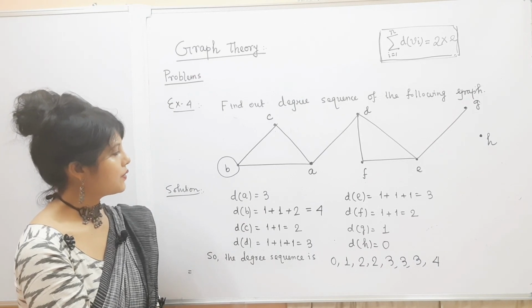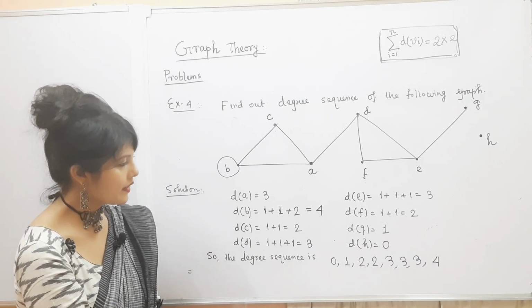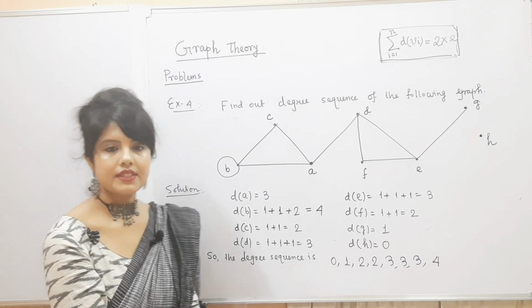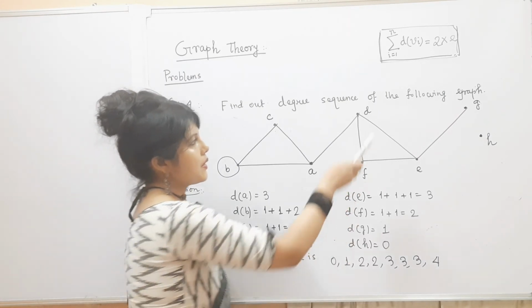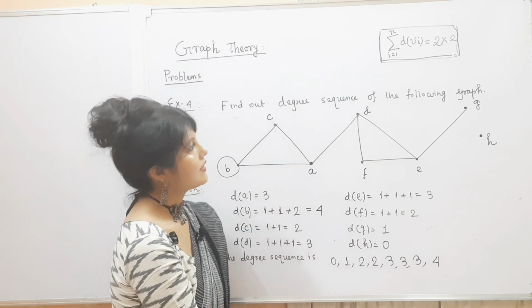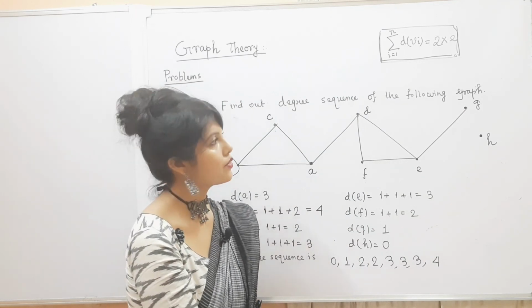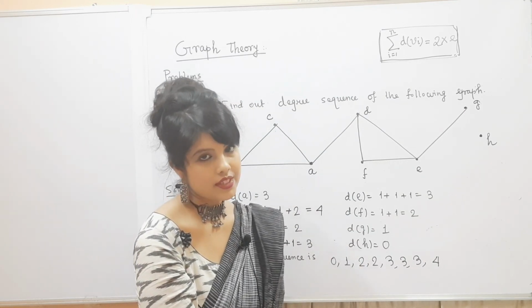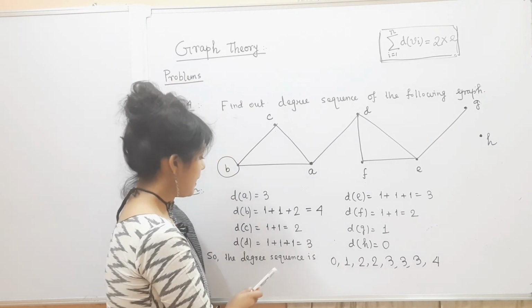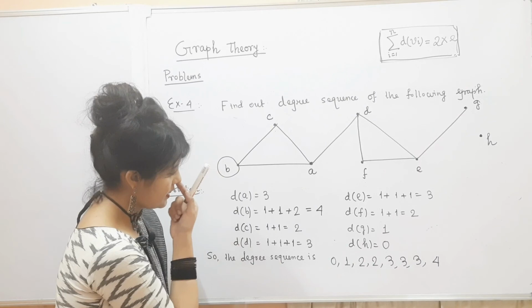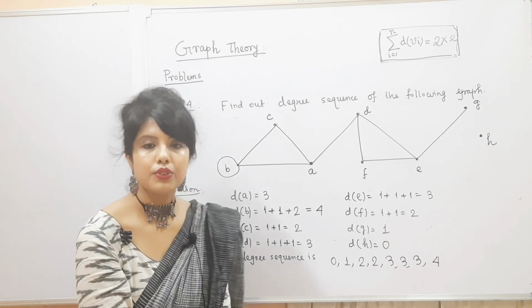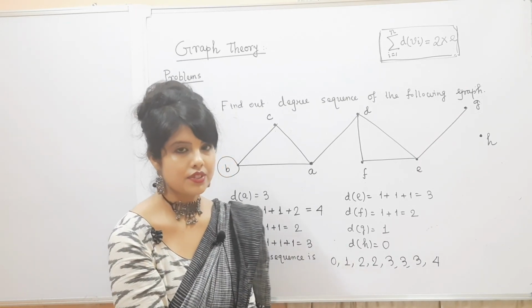In this class I have discussed different kinds of problems based on this theory, that is, the summation of degrees of Vi is equal to twice the number of edges of the graph. And in the last problem, number 4, I have discussed the degree sequence, that is how to find out the degree sequence of a graph.